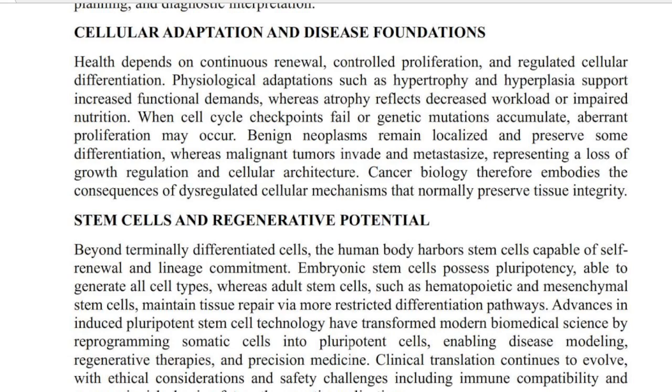When cell cycle checkpoints fail or genetic mutations accumulate, aberrant proliferation may occur. Benign neoplasms remain localized and preserve some differentiation, whereas malignant tumors invade and metastasize, representing a loss of growth regulation in cellular architecture. Cancer biology therefore embodies the consequences of dysregulated cellular mechanisms that normally preserve tissue integrity.